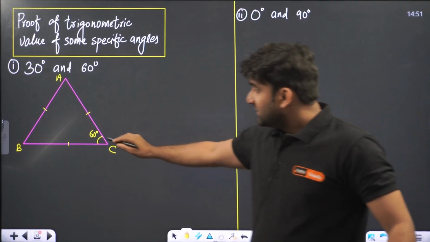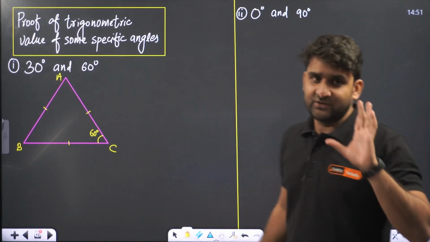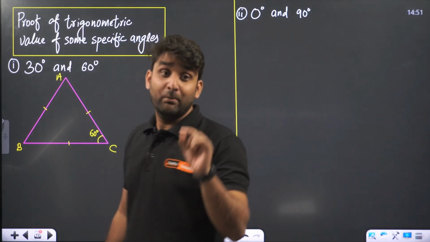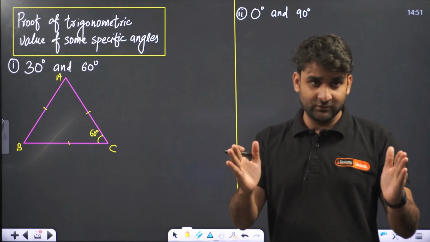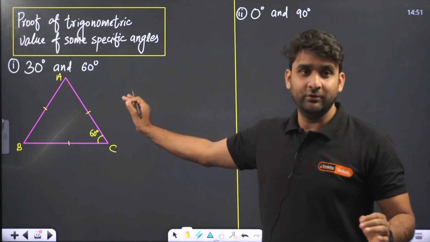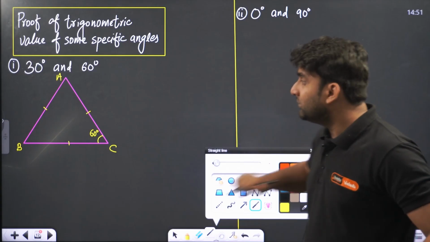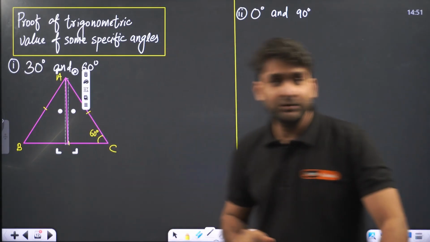Now, 60 degree is done. One more angle we require, and that is 30 degree. For 30 degree, we have to draw a median in this triangle. We have to divide the triangle into two equal parts. Then 30 degree will be produced. So I am drawing a median here. This will be the median.